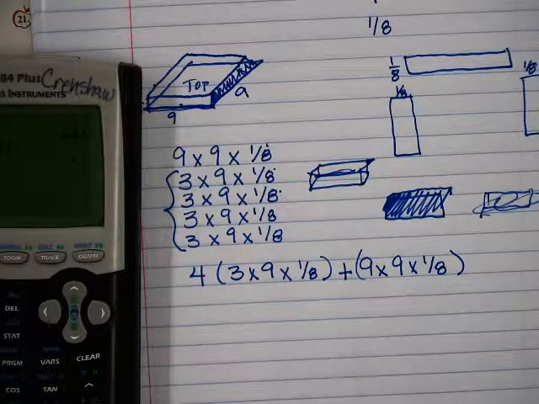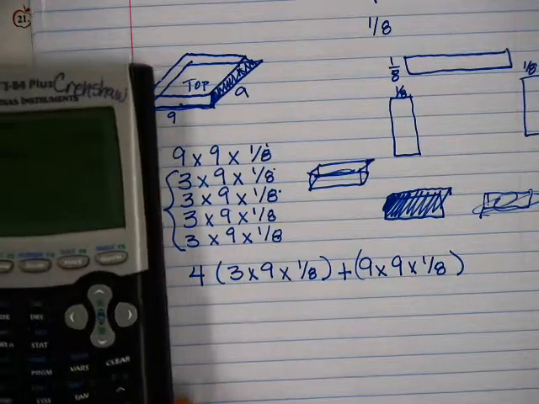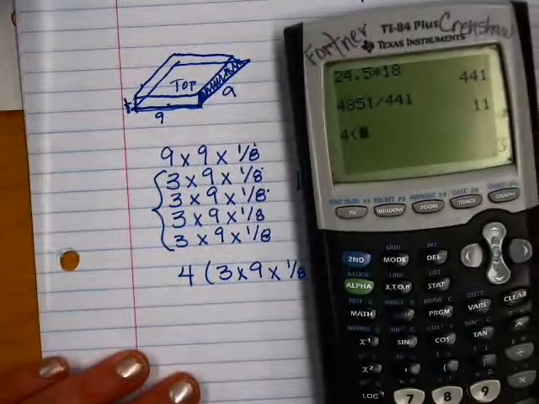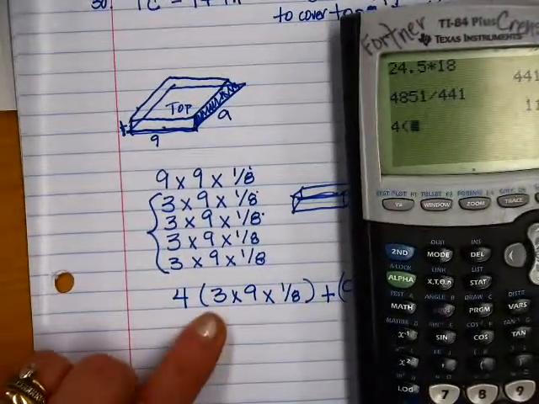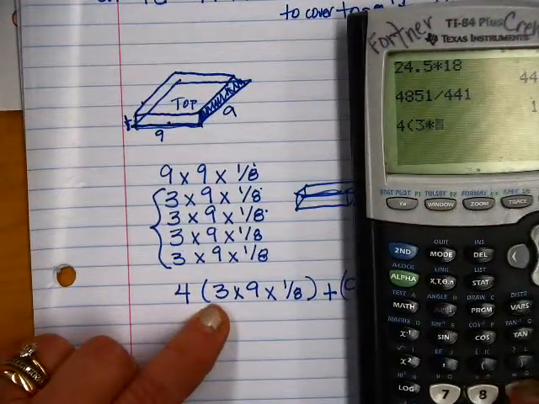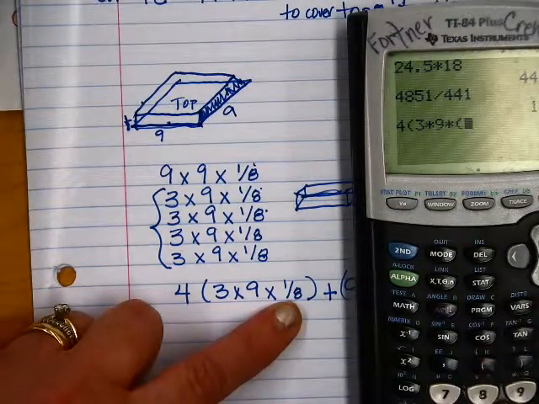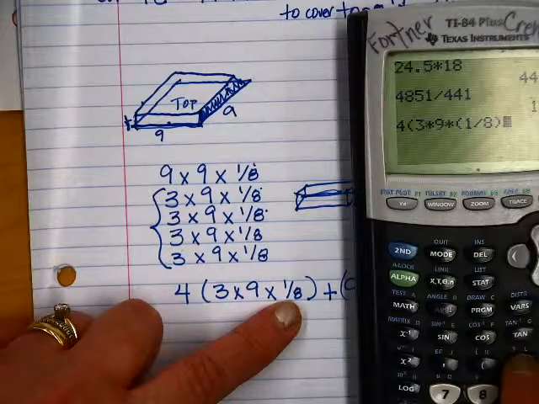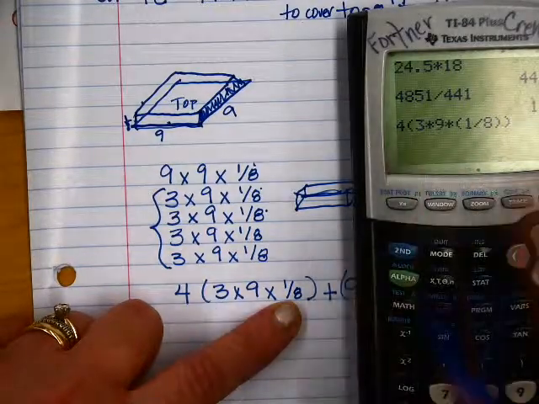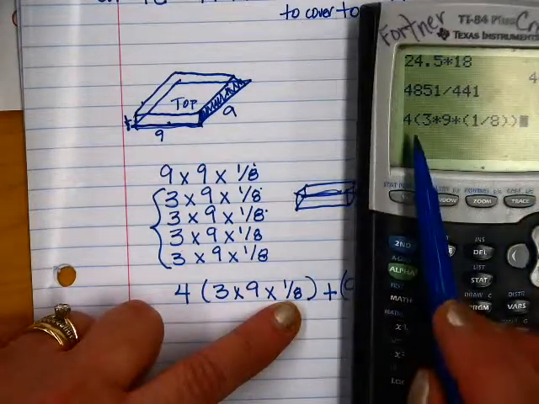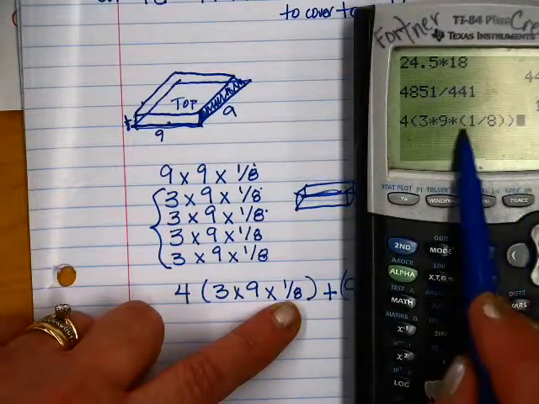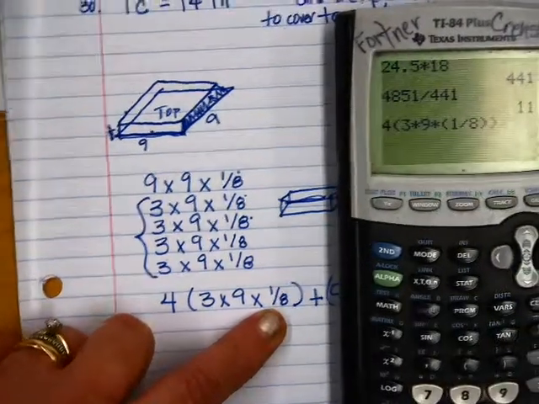So I have 4, open parentheses. In that parenthesis is 3 times 9 times 1/8, and then close that. Now remember, on a calculator, for every open there is a close. I opened the big one, but inside I had a 1/8. Alright, I'm going to hit enter.